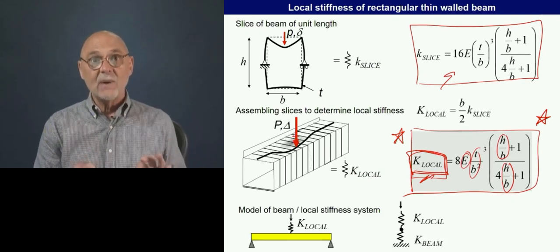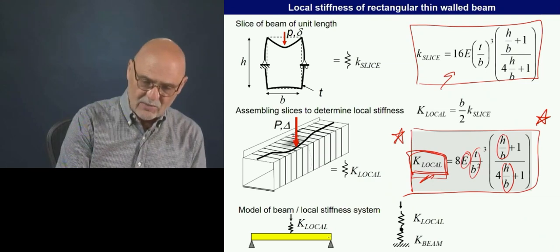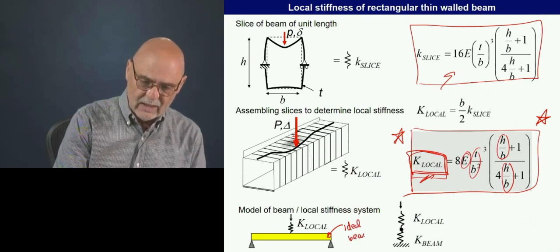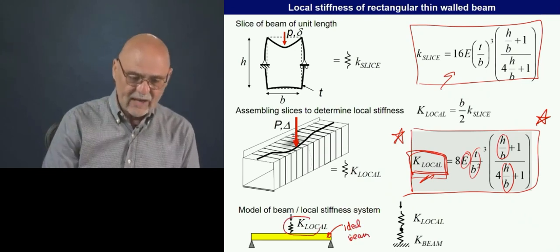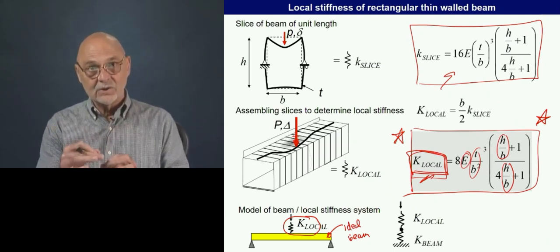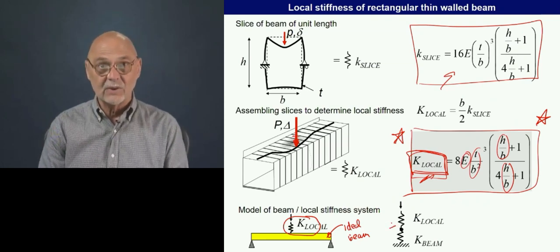So now we have a new model for our beam. We can still model it as a beam, an ideal beam. But on top of that, we have this local flexibility where we are distorting the section. And these are two springs in series.